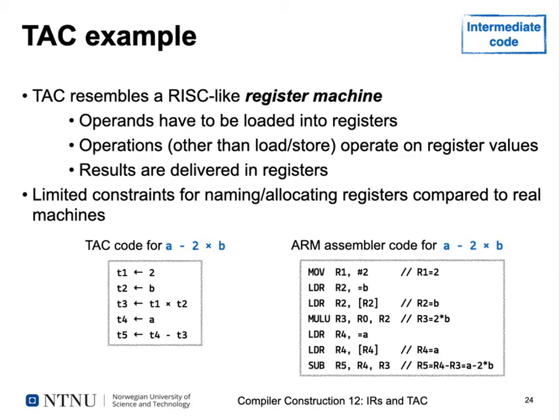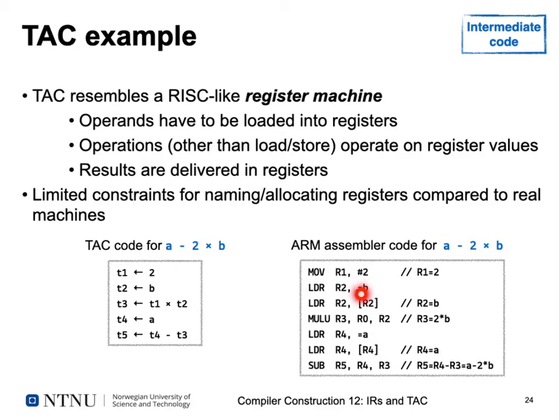So for example, we could implement our first instruction by moving our constant 2, indicated by the hash mark in ARM assembler, to a register R1. And moving, as you know already, doesn't move a value, it copies a value over into that register. Then we need some access to a variable, which is a bit more complex in ARM, because we first need to get the address of b, which is the equals operator here.